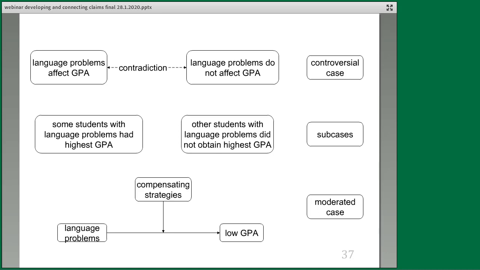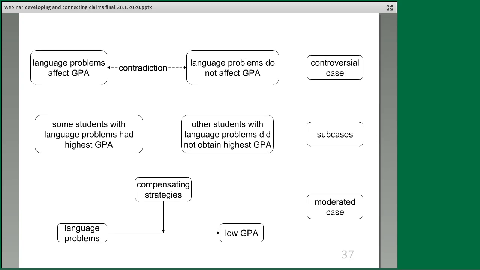So if you as a researcher find that language problems do not affect GPA, I think it's not your task to explain for every individual why the effect does not occur for this individual, but your task is to look for things like compensating strategies.